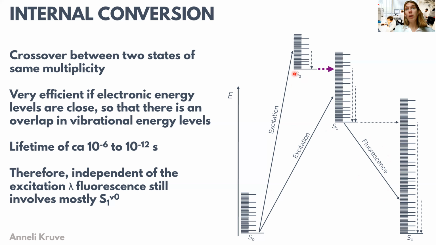So we don't see a transition from S2 to S0, but we see a radiation-less internal conversion from S2 to S1, followed by a vibrational relaxation, and then we could see a fluorescence from the S1 level to S0.